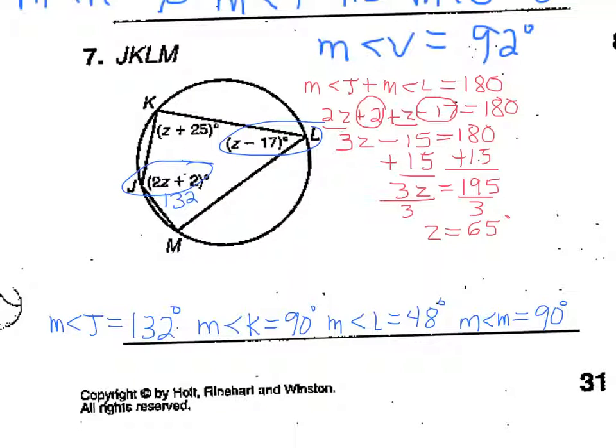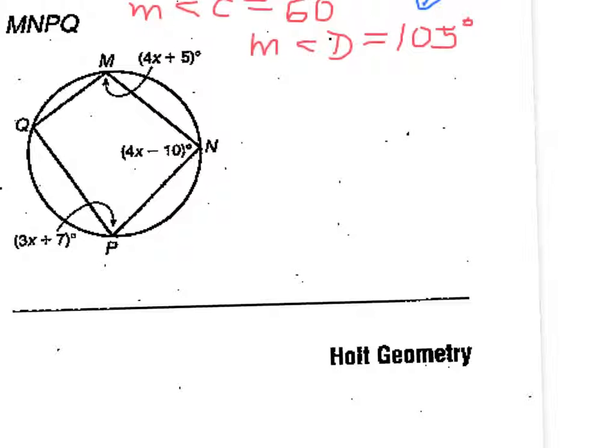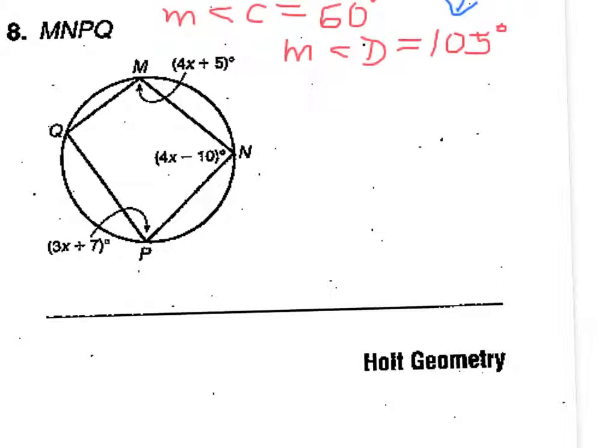Number 7. Any volunteers who have number 8? Okay, I need first the X. What did you get for X? X is equal to 24? That is right. Everybody okay with X being 24, right? And then once you substitute that into X, let's start with P. The measurement of angle P is 79 degrees.